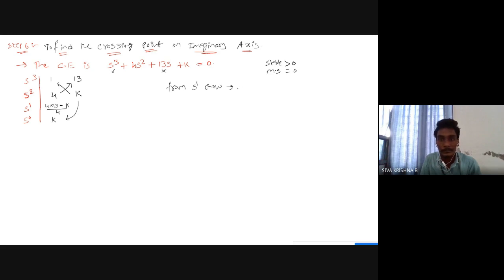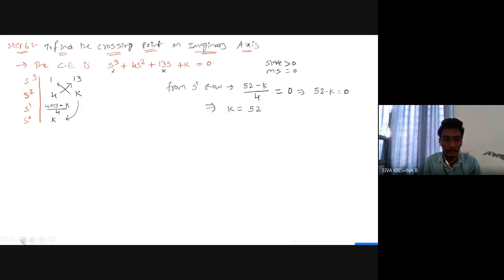So that is 13 fours, what is the value? 52 minus k by 4 equals 0. This means marginally stable mode. So from this, 52 minus k equals 0, which implies k equals 52.